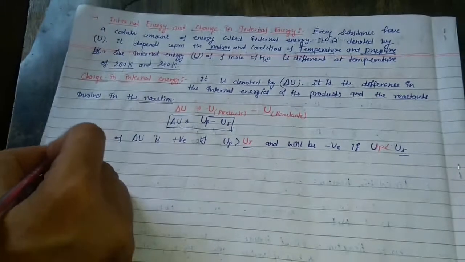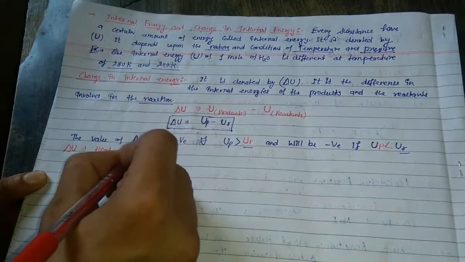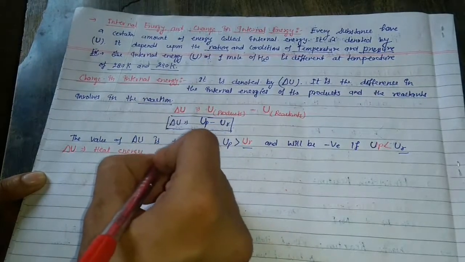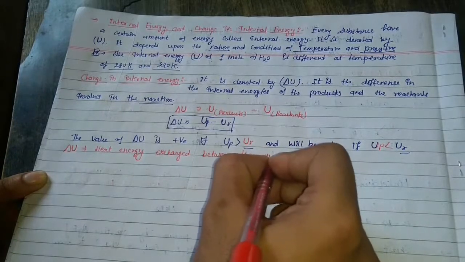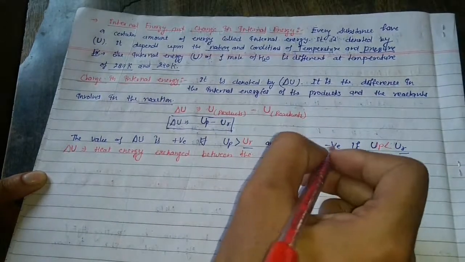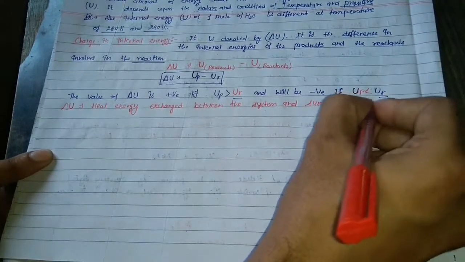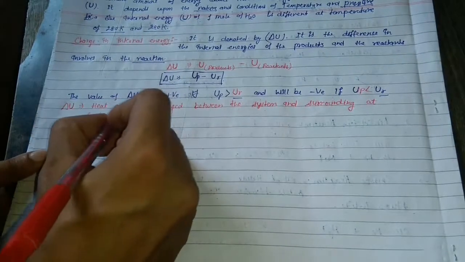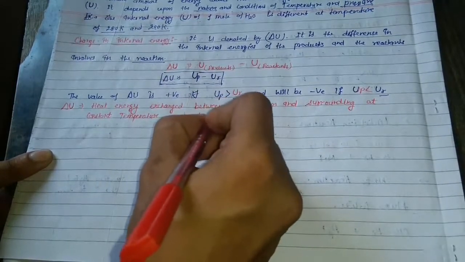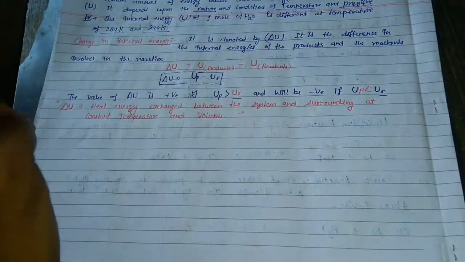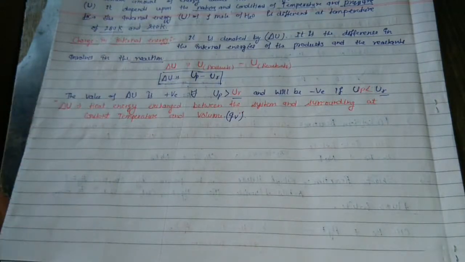So we can say del U is equal to the heat energy exchanged between the system and surrounding at constant temperature and volume, which is denoted by small q_v. So that's the remaining topic of yesterday's.